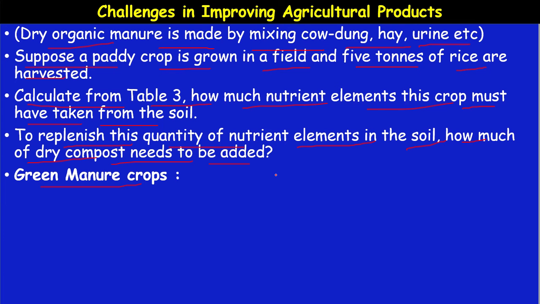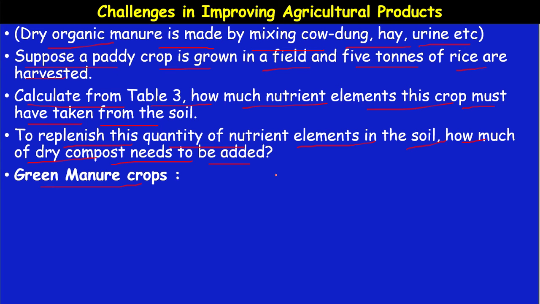Based on composition, manures can be classified into different types: farmyard manure, compost and green manure. Farmyard manure is a decomposed mixture of dung, farm refuse, fallen leaves, twigs, etc., which are dumped in heaps to undergo decomposition and form a dark amorphous manure.